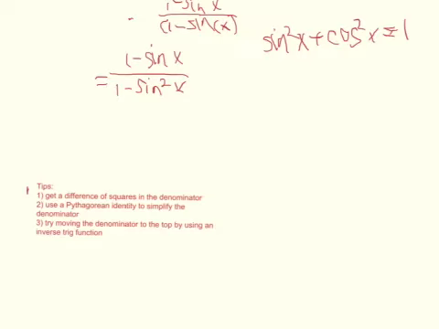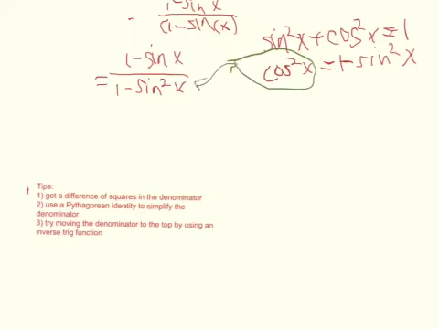That can be rewritten so we have cosine squared x equals 1 minus sine squared x. And that's what's in our denominator. So right away I can substitute cosine squared x in for my denominator, which is going to make it a lot easier.